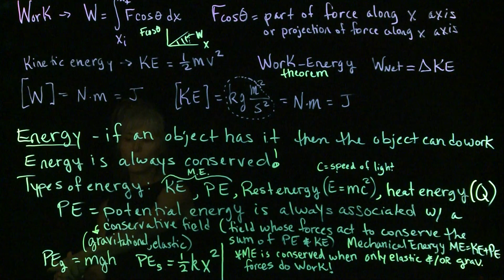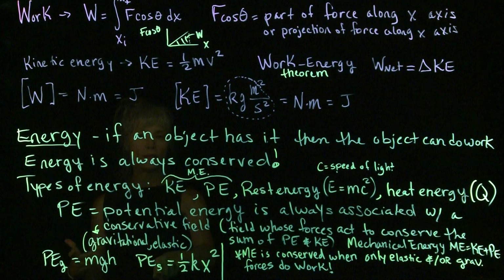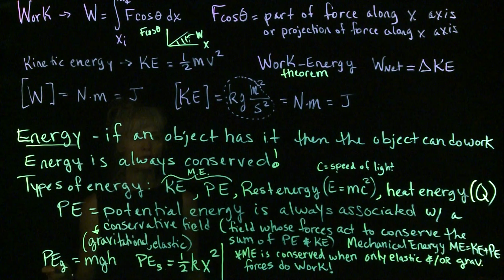So potential energy, again, gets a symbol PE, but to distinguish the 2 different fields, we're going to use the subscript G for the gravitational field and the subscript S for the elastic field. And why S? Well, because mainly we'll be dealing with springs to represent elastic fields, and so we're going to use the subscript S for spring.